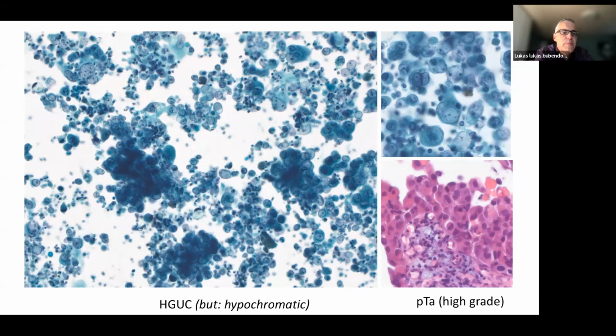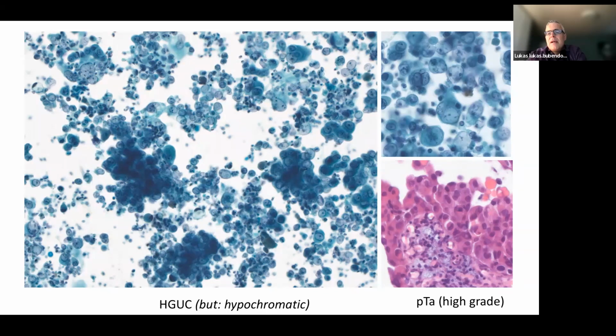Well, if you go through the specimen, you will always find one or another cell that you might call hyperchromatic. And actually the chromasia of high-grade urothelial carcinoma is very diverse across the specimen in many cases, but overall that's just hypochromatic, and still we call such a case high-grade urothelial carcinoma.